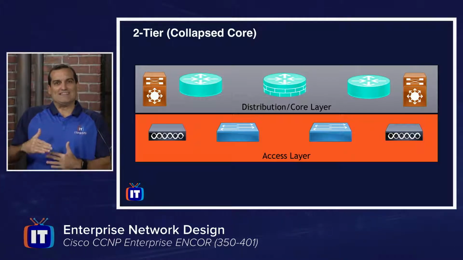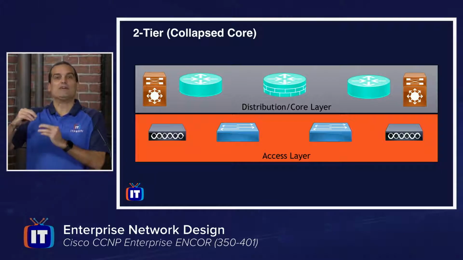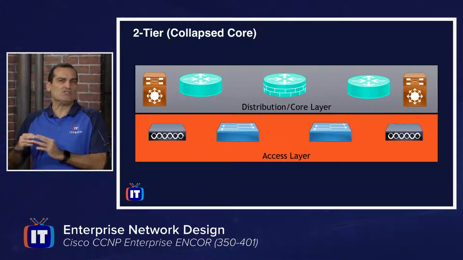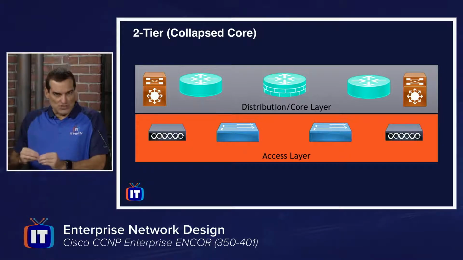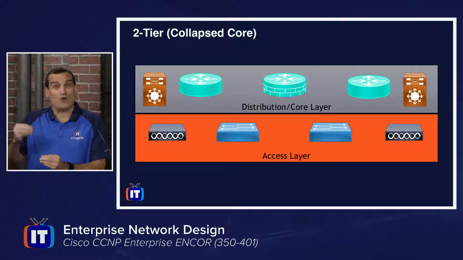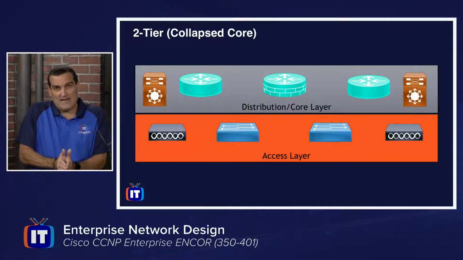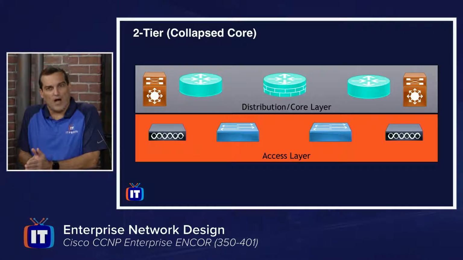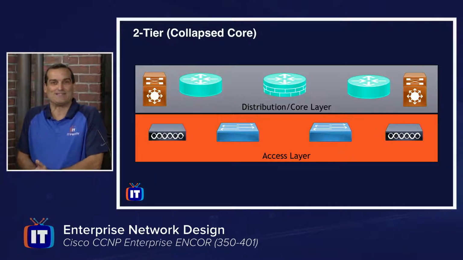One of the reasons we don't do this in a larger network is, remember we said speed was super important in the core? We don't want a bunch of security going on, a bunch of QoS going on, because that could add overhead. So you take the core and make it all about speed, and you do all that complex policy and security stuff at the distribution layer so that you can keep the core running as fast as humanly possible.